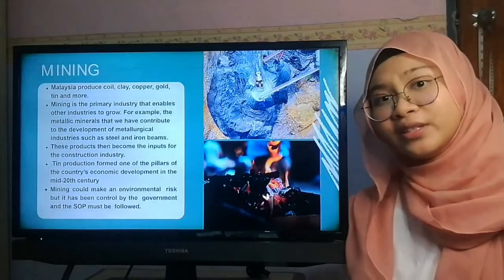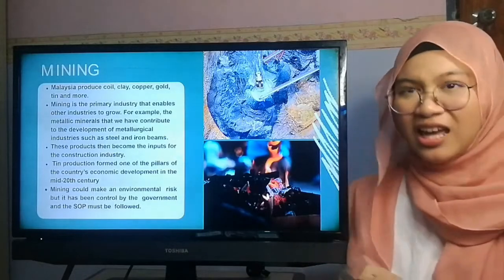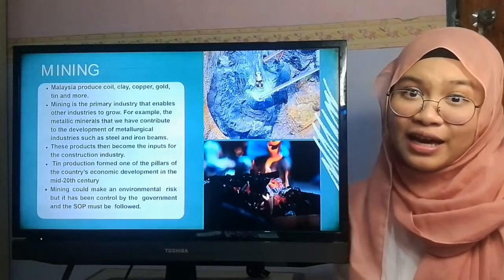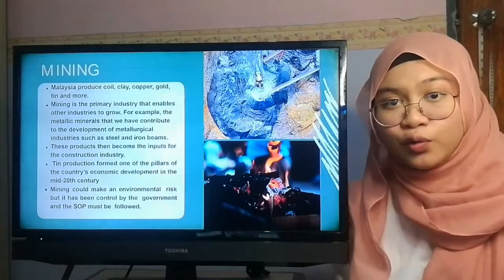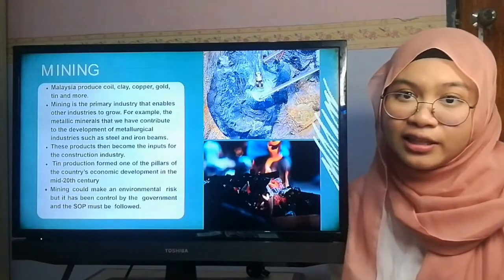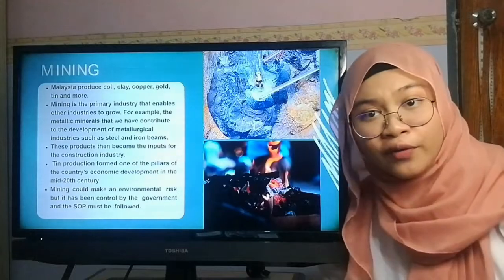In the first quarter of 2020, mining had a decline of 2%, but it is better compared to the last quarter, the fourth quarter of 2019, which declined by 3.4%.